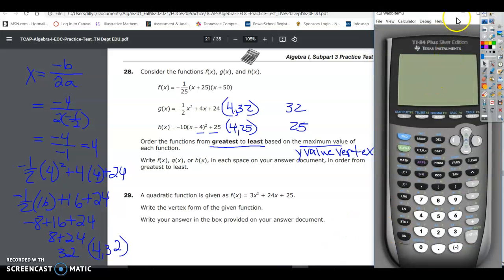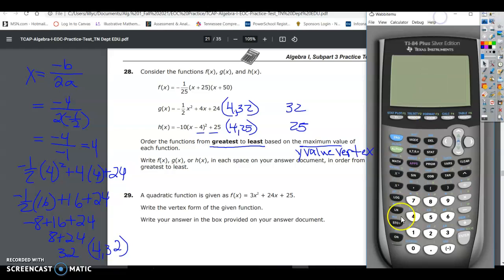We have our calculator here. That's the last equation, so let's delete these out. I'm going to type in negative 1/2 x squared plus 4x plus 24 and hit graph.